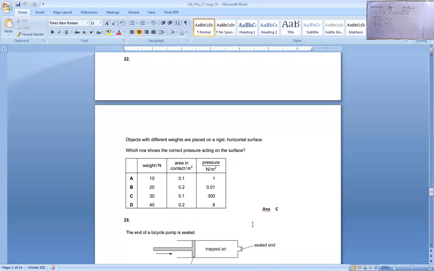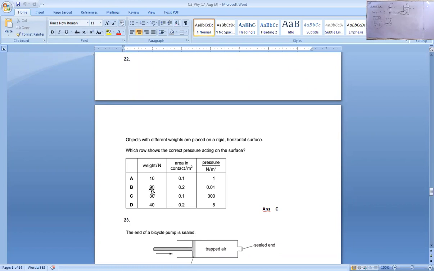Number 22, objects with different weights are placed on a rigid horizontal surface. Which row shows the correct pressure acting on the surface? We know the pressure is force per unit area. The force is the weight and area is given to you. You have to divide 10 by 0.1. That answer is wrong.